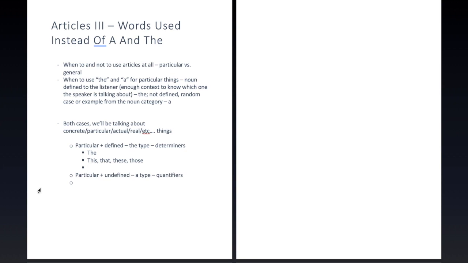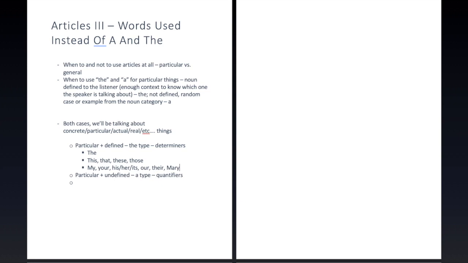The other one is words that say who something belongs to. So my, your, his, her, its, our, their. And also, like with a person's name, this is also a determiner.